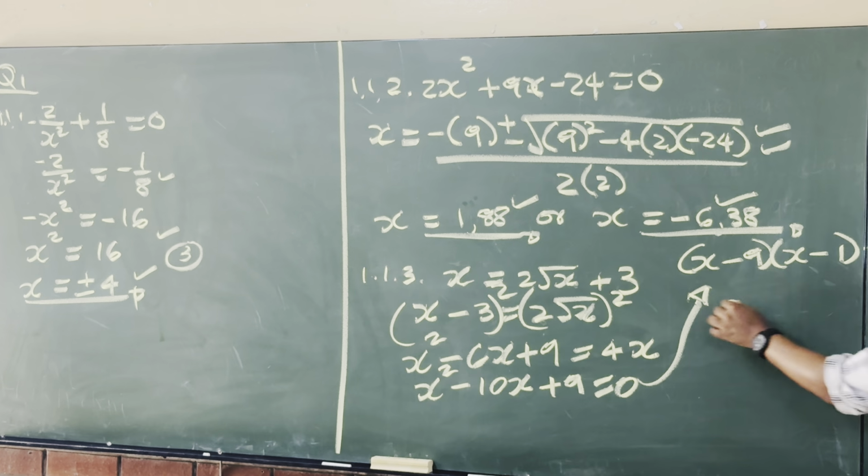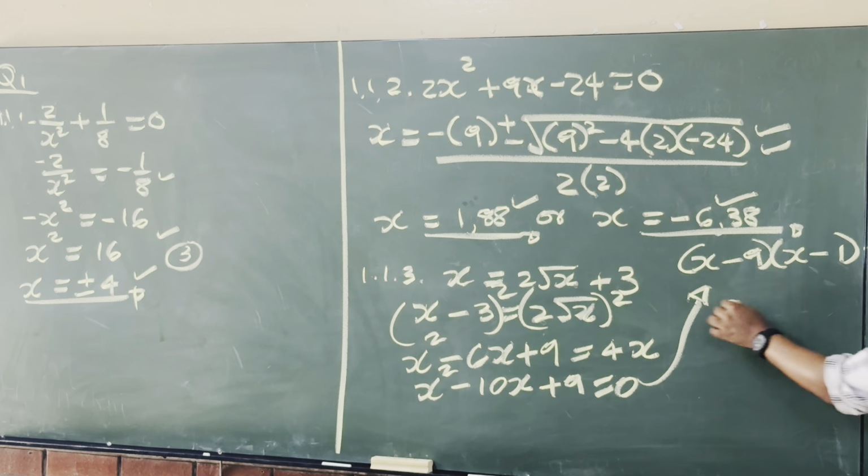But one of these solutions, that's usually the case, we have to reject. So which one are we rejecting? 1. Why are we rejecting 1? If you substitute 1 here, it doesn't give you the left hand side. So there will be a mark for that rejection as well. How many marks? 4 marks. I think it's squaring both sides, standard form, factorization, then your solutions.